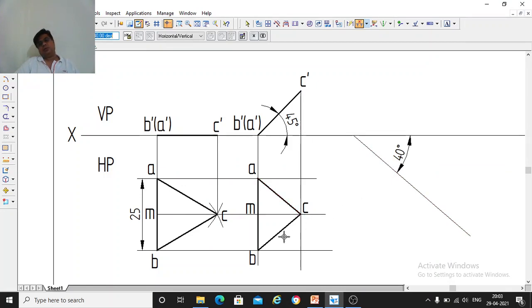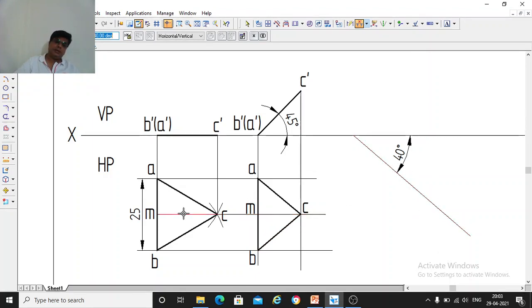So now the condition is that this median of this triangle should be inclined at 40 degree. That means you have to take this triangle, rotate it, and place it on this line, so that CM will be on this 40 degree line.